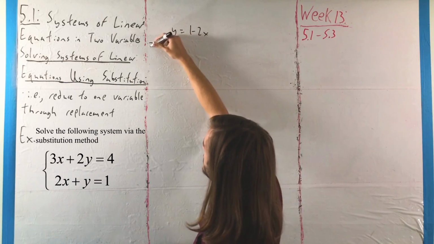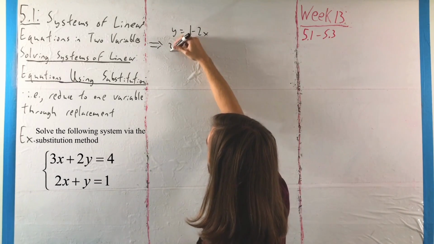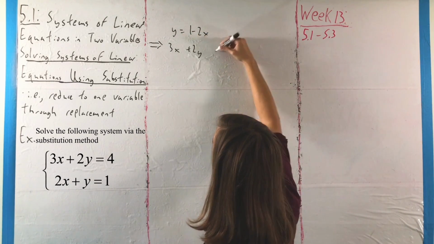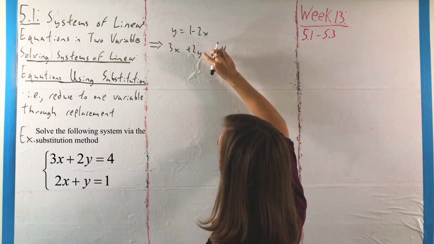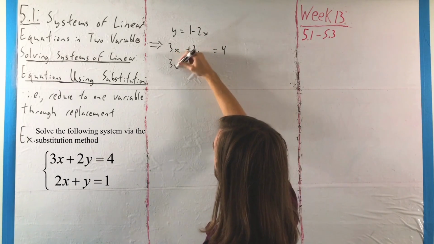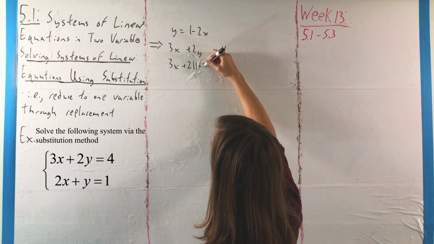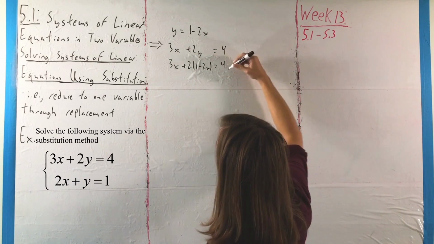So we can very easily pull over the 2x and get, instead, y equals 1 minus 2x. And what that allows us to do is look into our first equation, that 3x plus 2y is equal to 4. And everywhere we have a y, we'll plug this in instead. So we'll have 3x plus 2 times 1 minus 2x equals 4.